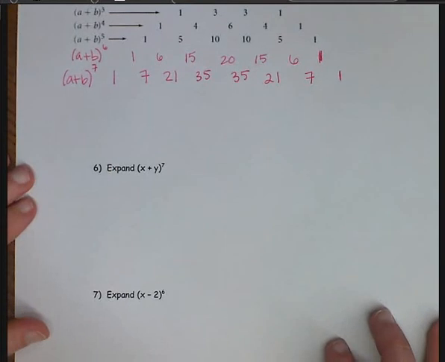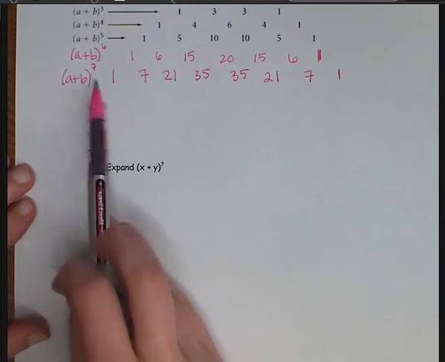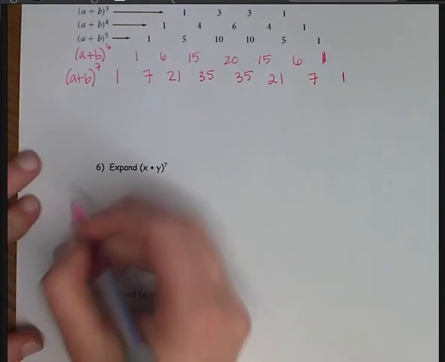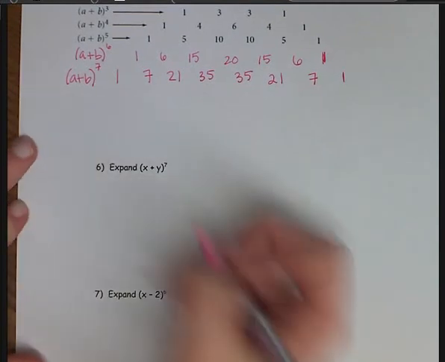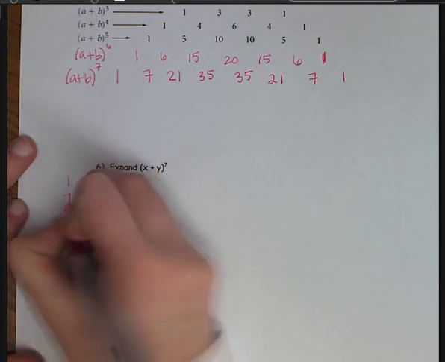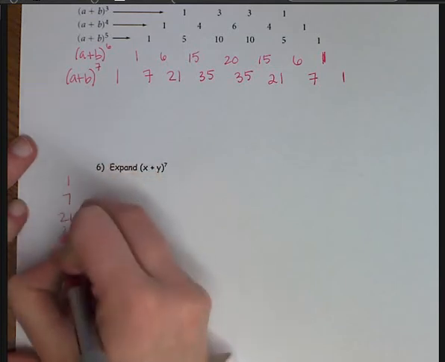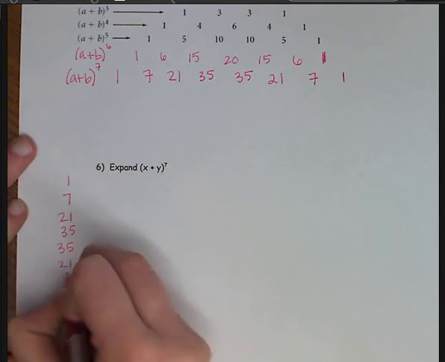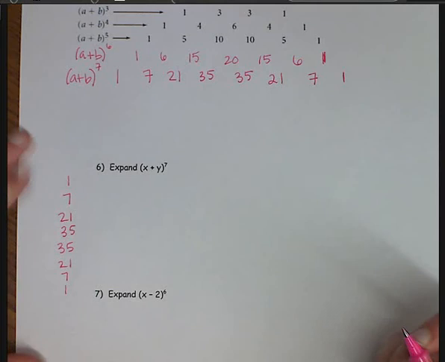So let's look at, now that we have done a plus b to the 7th, the expansion of x plus y to the 7th. So we know that our coefficients are going to be, and I'm going to write it going up and down, 1, 7, 21, 35, 35, 21, 7, and 1. Okay, not a lot of room here. I have to squish it all in.